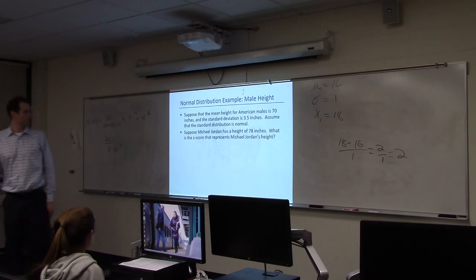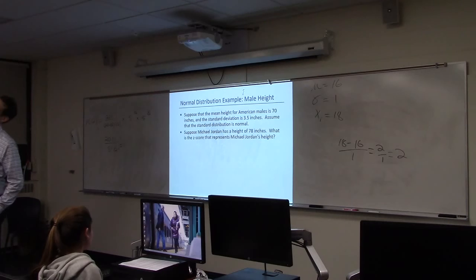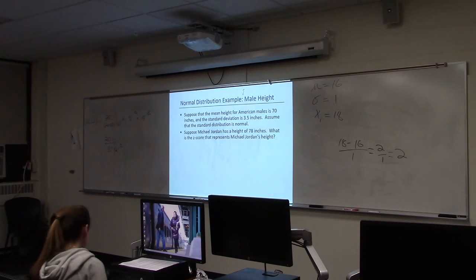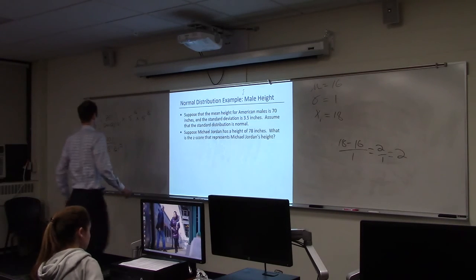Okay. Suppose further, we know that Michael Jordan's height is 78 inches. What is the z-score that represents Michael Jordan's height? Fire away.